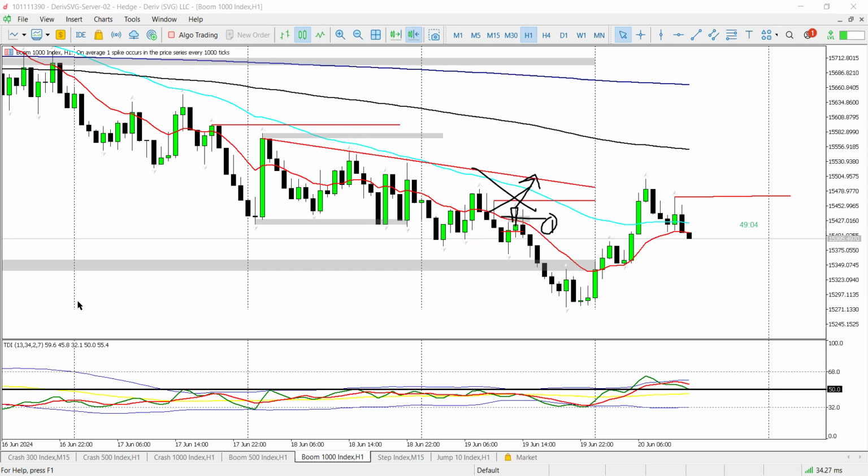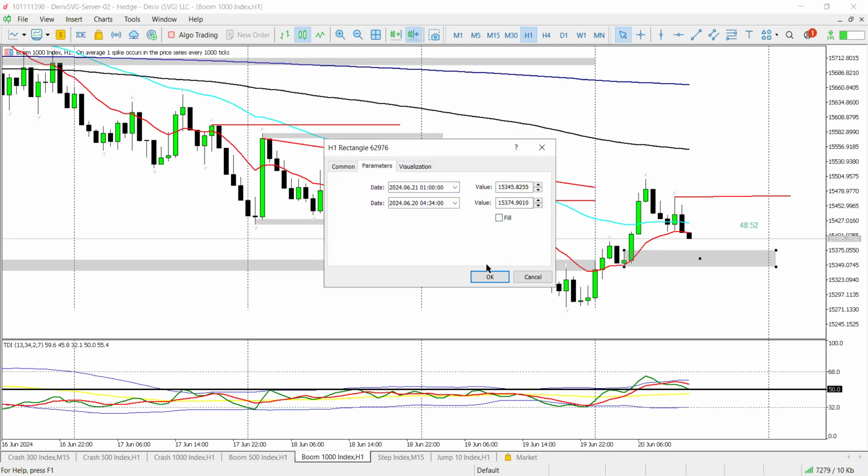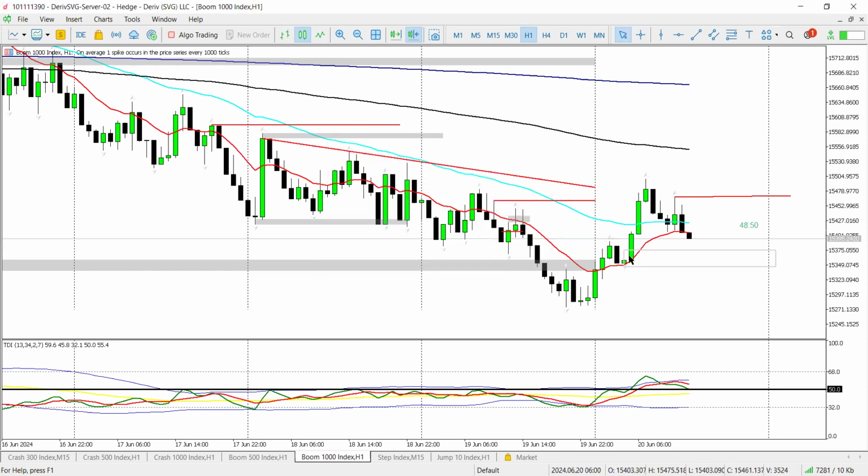So right now, a point of interest. If we are looking for buys, let's rather focus on this order block here. Why are we focusing on that order block? Just because from this low, we had this order block. Price broke, came back to retest, and pushed up.